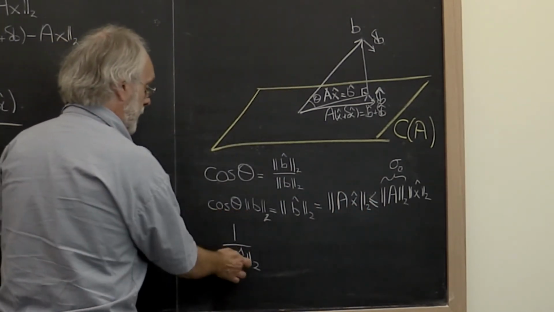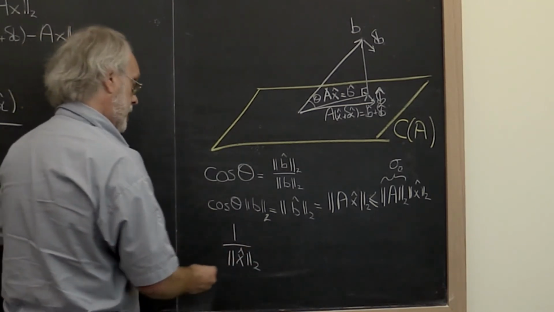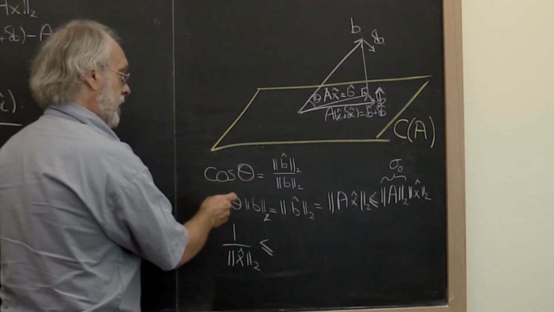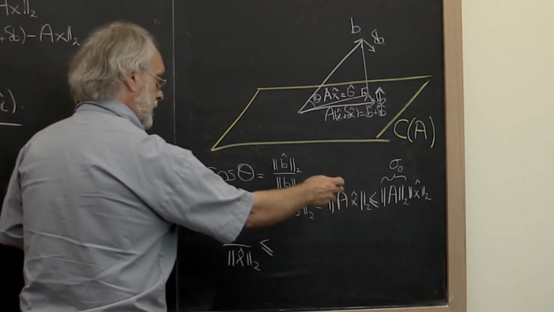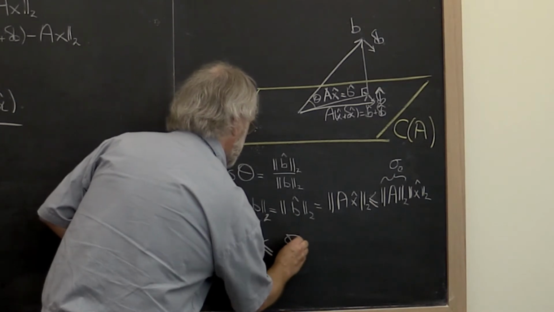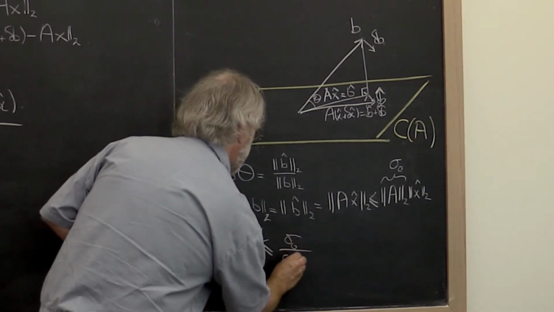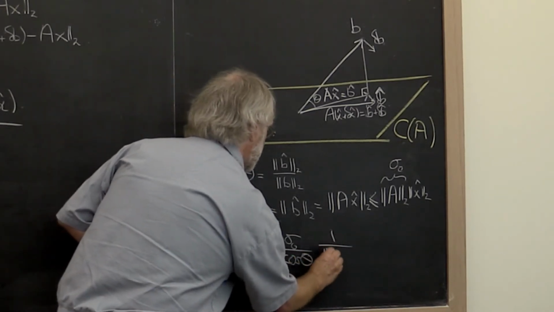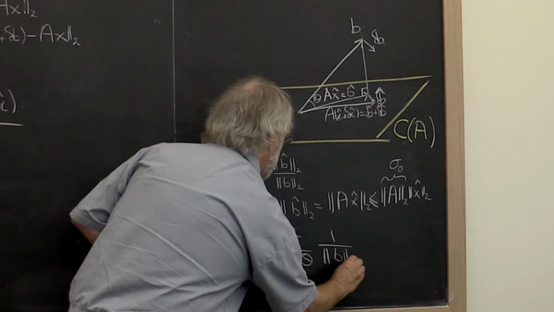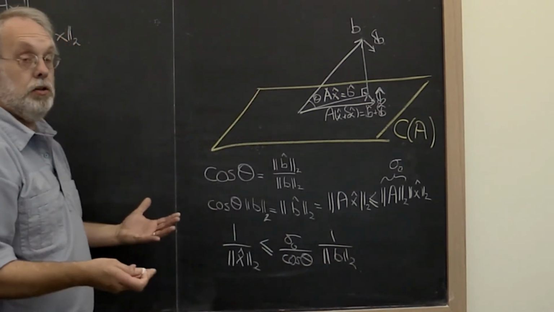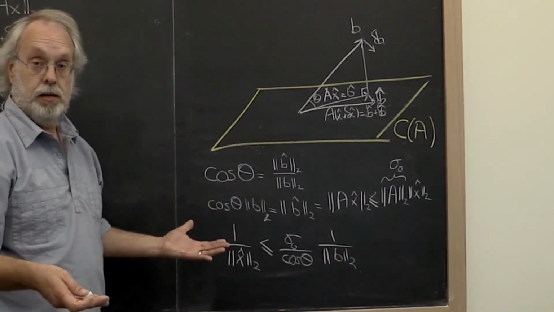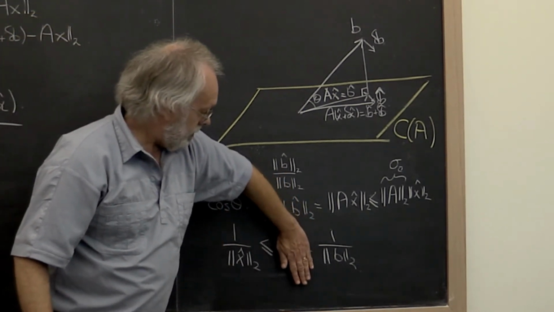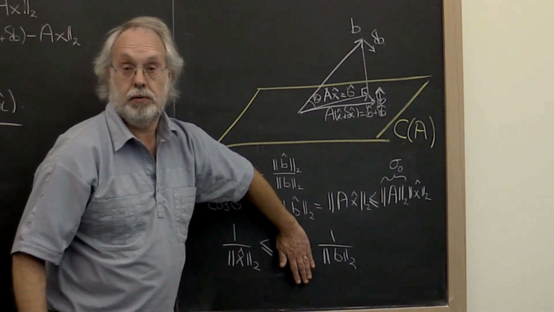So 1 divided by the 2-norm of x hat is less than or equal to, and now we can take this to the other side, sigma 0 divided by the cosine of theta times 1 over the 2-norm of b. Now when we just looked at solving a linear system where we know there was a solution that looked like this right here, that cosine did not come into play.